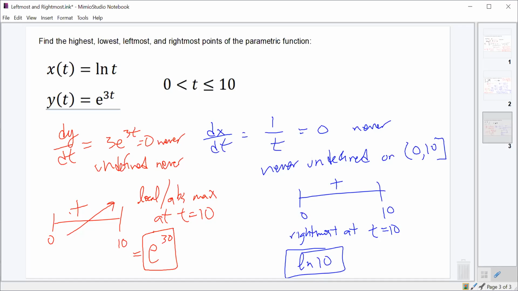So our rightmost point is an x value of natural log of 10. Our highest value is at e to the 30th. And since we don't ever actually hit 0 on either of those, we don't have a leftmost and we don't have a lowest point. Good or no?